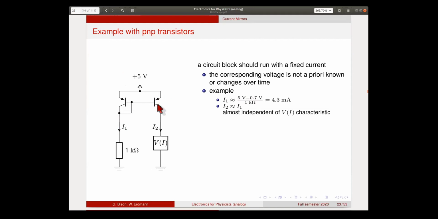And then this guy here will always send down these 4.3 milliamps, no matter what this circuit does. So you have a nice current source here, which you can program with this resistor. And if it's a good current source, then this current will, of course, be independent of what the actual voltage drop across your circuit will be.